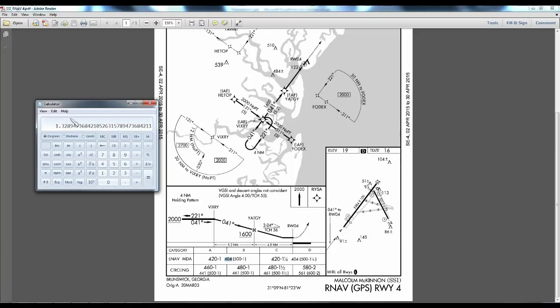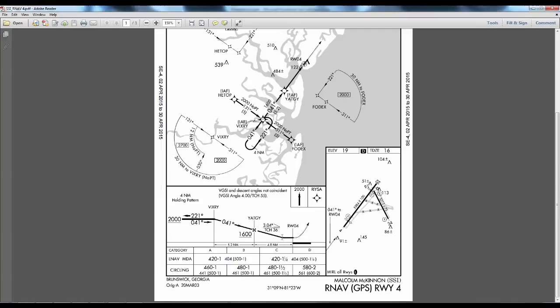We just care about the first two. Don't bother trying to round this up. Just use the first two. It's close enough for government work. 1.3 nautical miles from the threshold is the visual descent point. And if you look at it, you can see that this is showing you that right there. That looks like it's about 1.3, because we could fit probably an additional 3 of these little straight lines here in between Yatgi and runway 4.